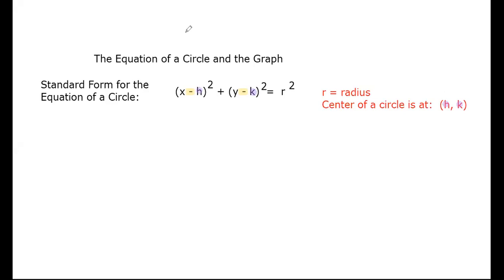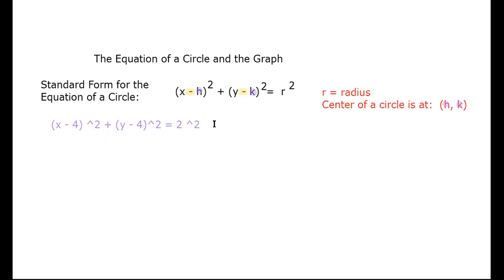So if I were to give you an equation of a circle, and maybe it is (x minus 4) quantity squared, so I'm just going to do that for this one, now that you know that that means squared, plus (y minus 4) quantity squared equals 2 quantity squared.